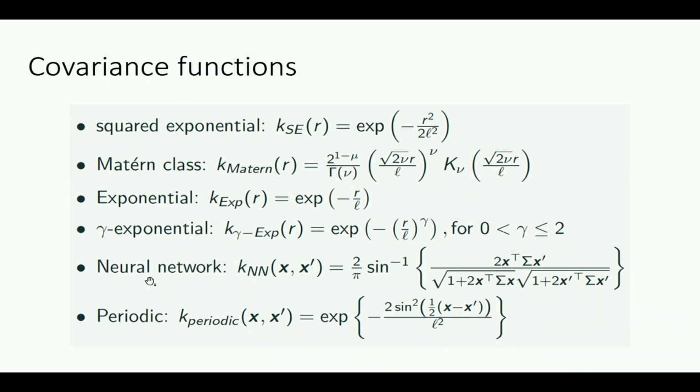And there are also neural network kernels, where you can make use of neural networks to learn a kernel-like function for Gaussian processes. And there are also periodic kernels if you want to inject periodicity into your prior.